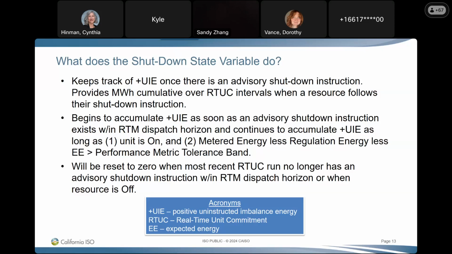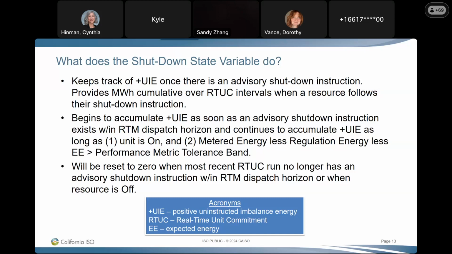Okay, the second thing that happens is it begins to accumulate the positive uninstructed imbalance energy as soon as that advisory shutdown instruction happens within the real-time market dispatch horizon, and continues to accumulate the positive uninstructed imbalance energy as long as the unit is on, and metered energy, less regulation energy, less expected energy is greater than the performance metric tolerance band.